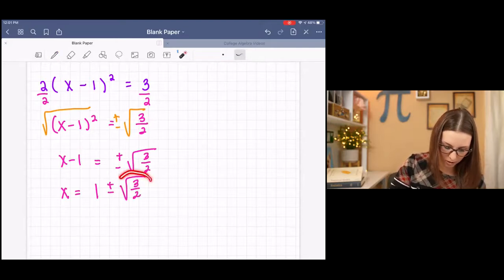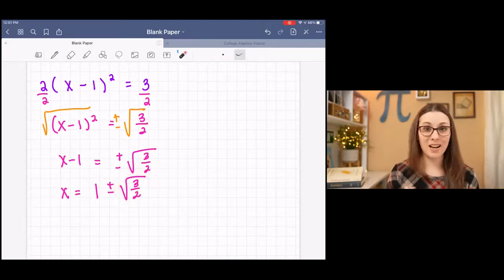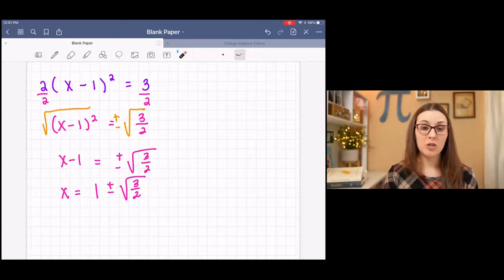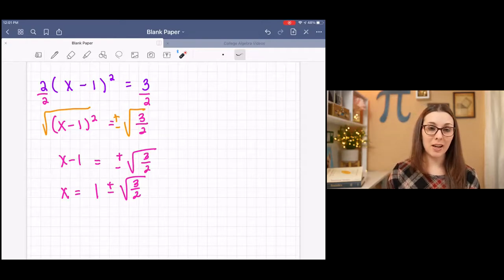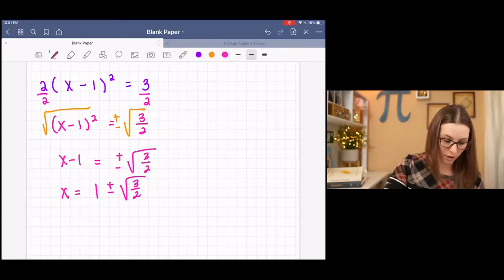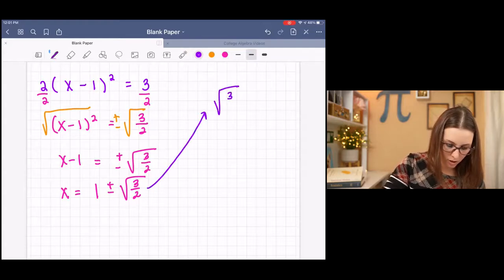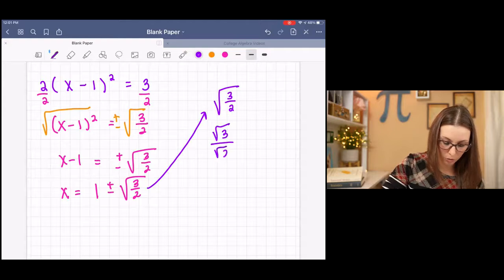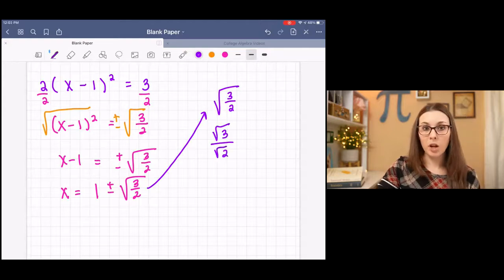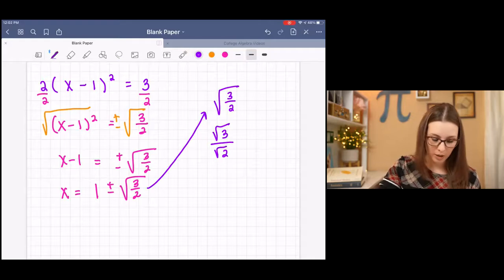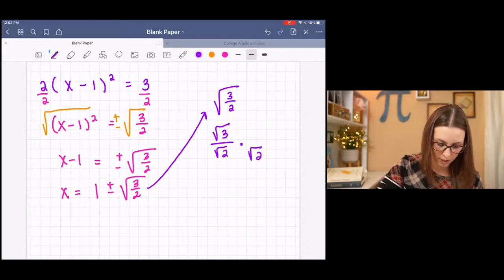Now this right here is not simplified. So I need to do a little bit of side work to get it that way. So I'm going to go over here. This breaks it down into square root 3 over square root 2. For something to be simplified, you can't have a square root in the denominator, so I'm going to remedy that.